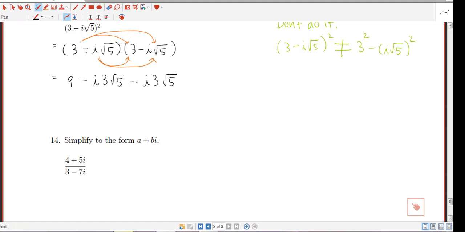And the last one, you're going to have a negative negative, so you're going to have a positive, and then you're going to have i square root of 5 squared. Again, I'm working this step by step. All right. So this is going to equal 9. Now, do you see that I can combine these two together?